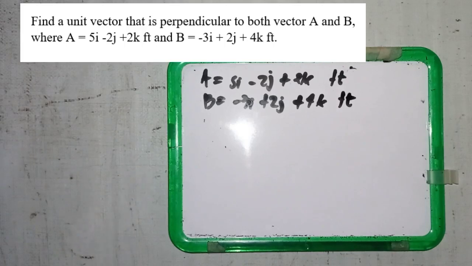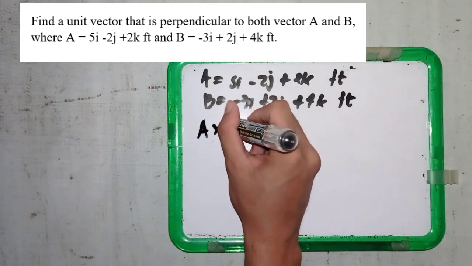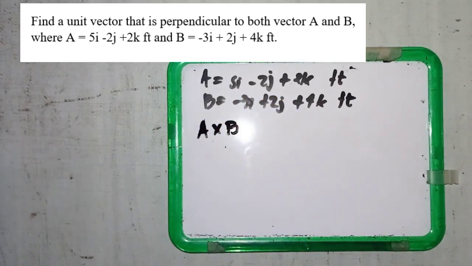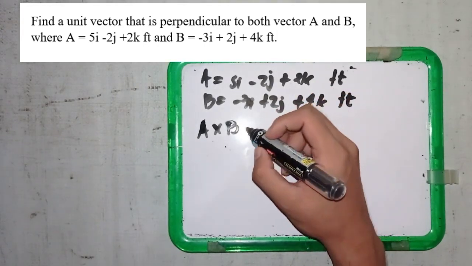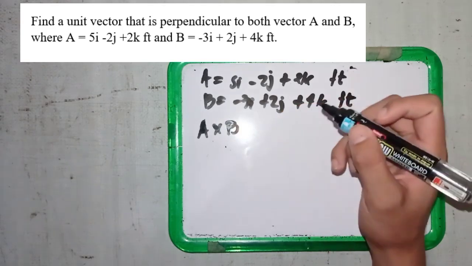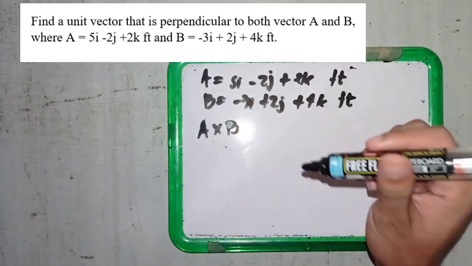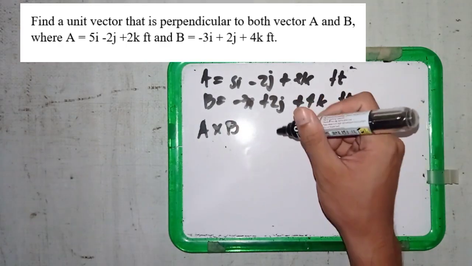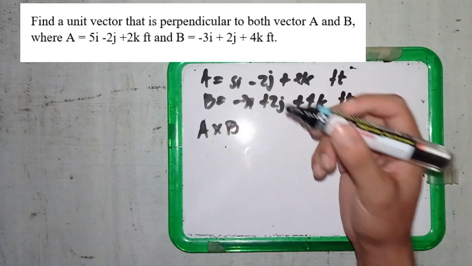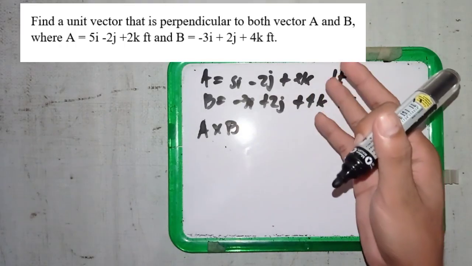Since in the problem it is indicated that it is perpendicular to both vector A and B, from its definition we can use the A cross B, and using this we can find the x, y, z components of the perpendicular vector to these two vectors. So we can also use C vector as the perpendicular vector.